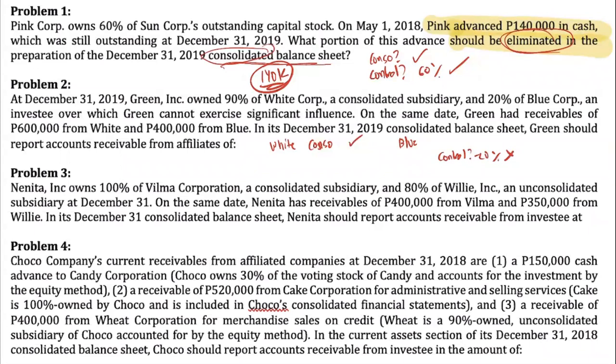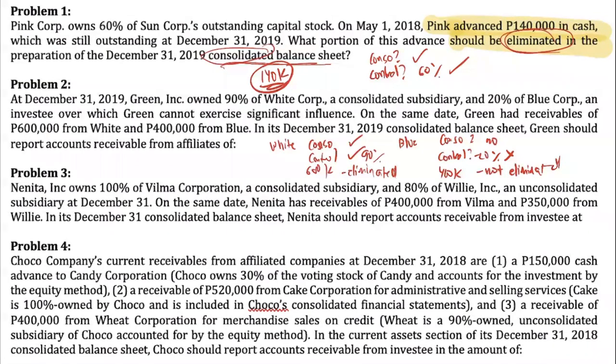On the same date, Green had receivables of 600,000 from White and 400,000 from Blue. So, do we control White? Yes, 90%. So, this one should be eliminated. Blue, do we prepare consolidated? No. Do we have control? No. Therefore, the 400,000 is not eliminated.